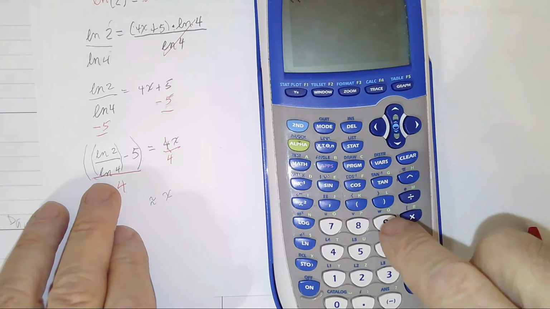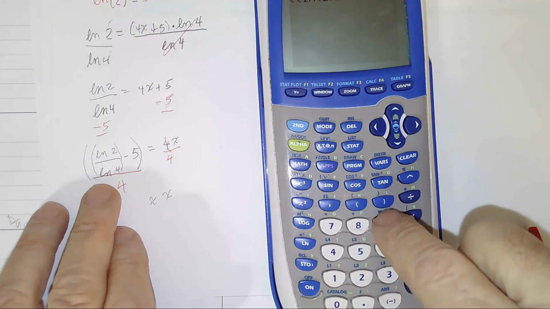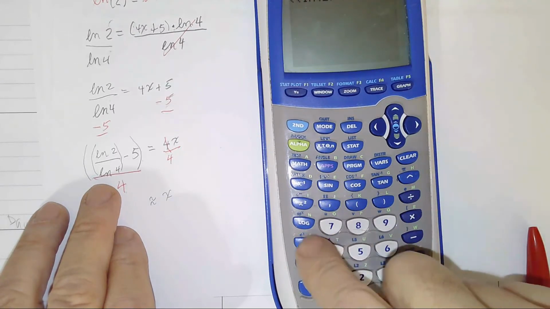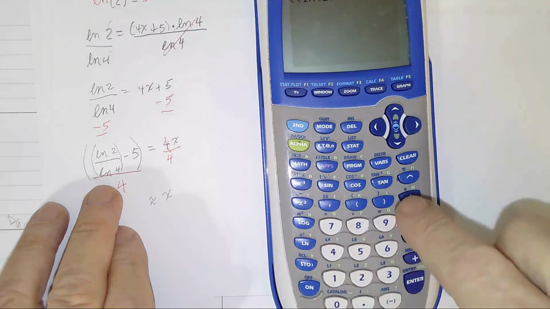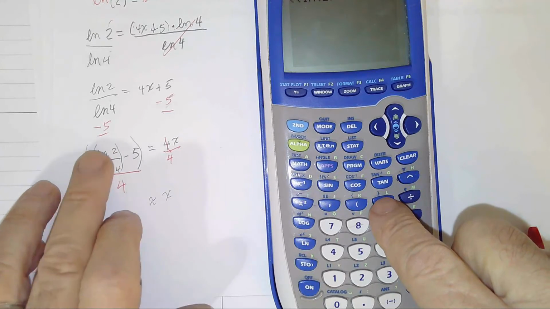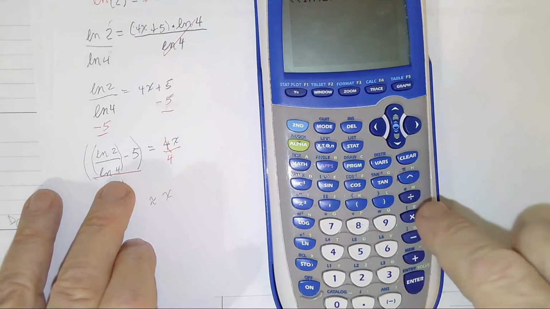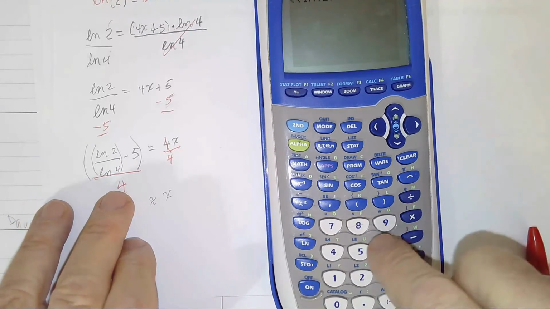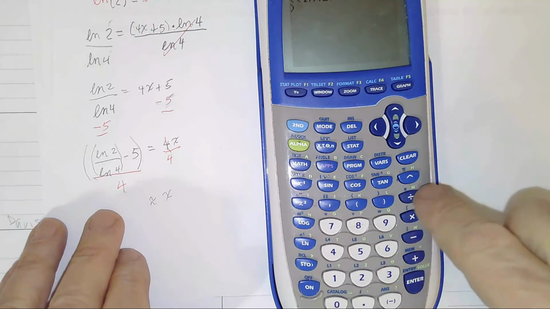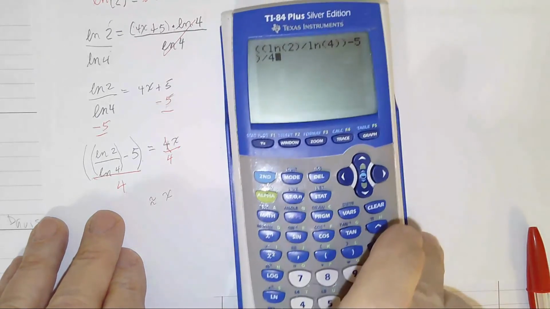So now I'm going to put in the natural log of 2, close that little parentheses, divided by the natural log of 4, close that little parentheses, close the parentheses for the entire pair of logs, then subtract the 5, close the outer argument parentheses, and then divide by 4. Keep your fingers crossed. Let's see what happens.